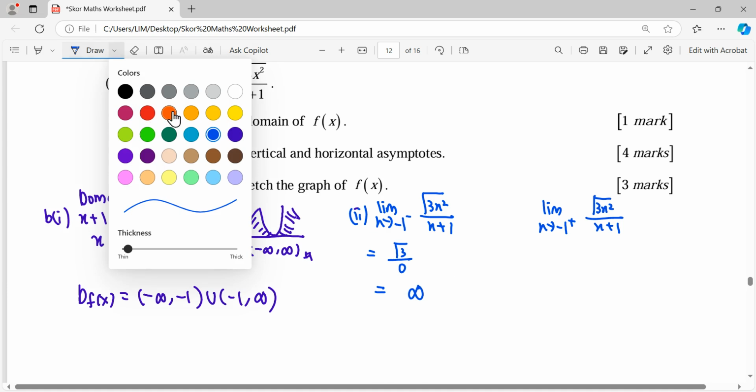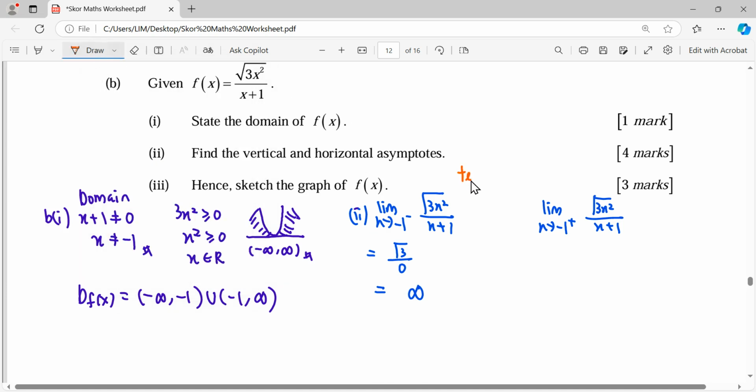Then to find whether it is positive infinity, we're going to test. So for -1 from the left hand side, we test x equals -0.999. So we press the calculator for this. So you can get that this is positive infinity.